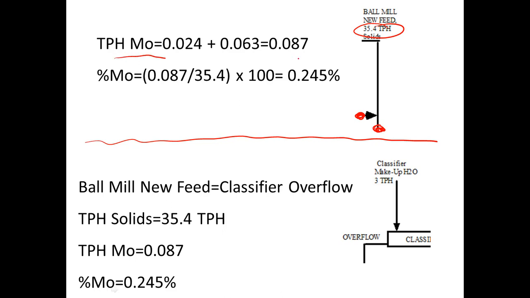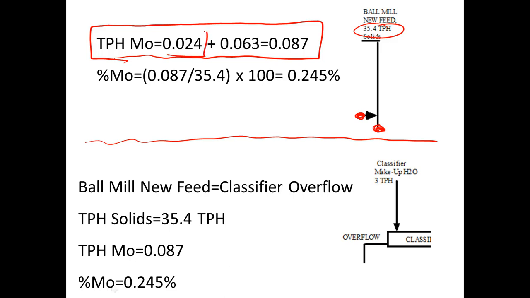The molybdenum from the two streams feeding it, the scavenger concentrate and the cleaner tail, weighs a total of 0.087 ton per hour molybdenum.